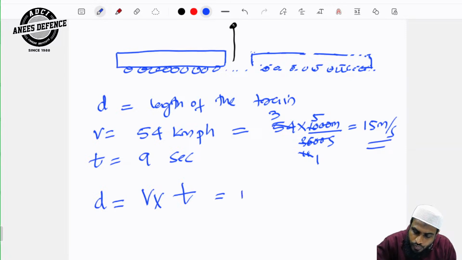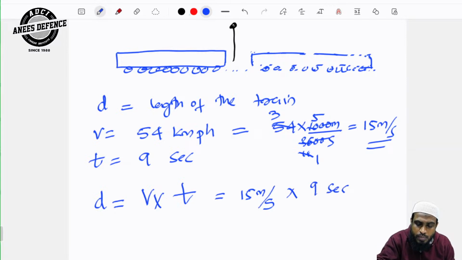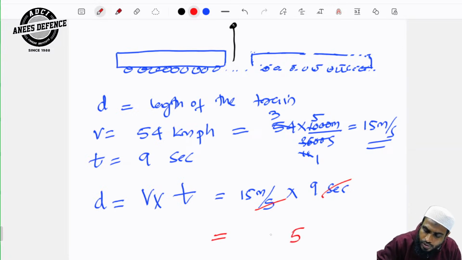Velocity 15 meters per second into time, 9 seconds. If the units are the same, you will be able to cancel the second and second, so only meters will remain. So 9 into 15: 9 into 5 is 45, plus remaining 4, 9 plus 4 is 13, so 135 meters.